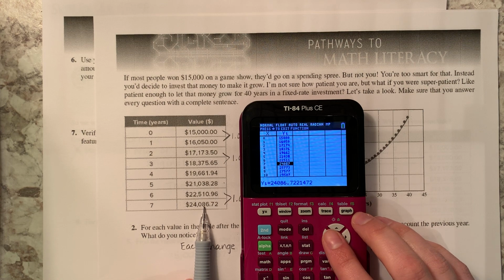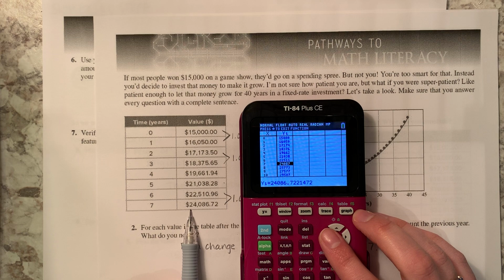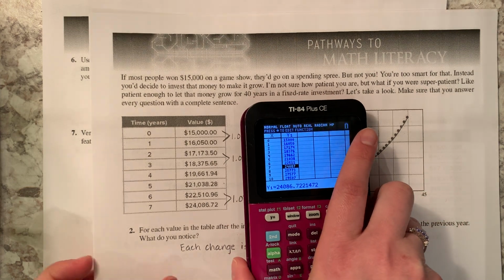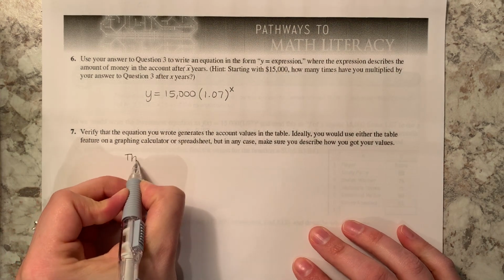And I do have to round. My calculator won't do the pennies, but if you round to the nearest whole number, the table that they gave me does match my value in the calculator, $24,087. Okay, so number 7 is wanting us to just verify that, so we can say the values match rounded to the nearest dollar.